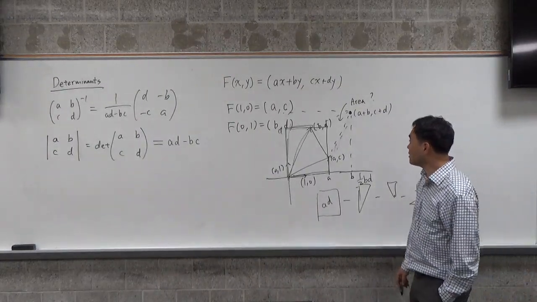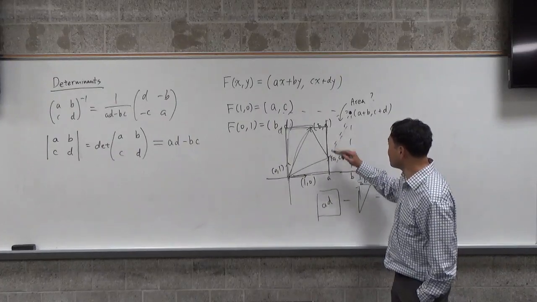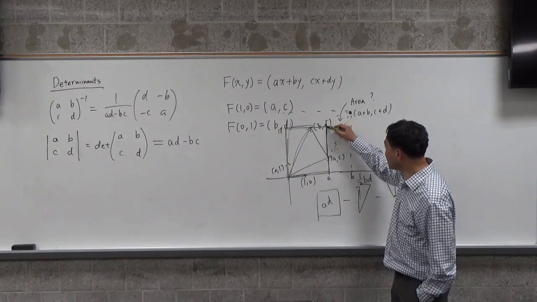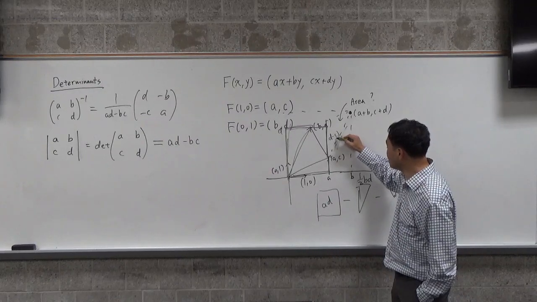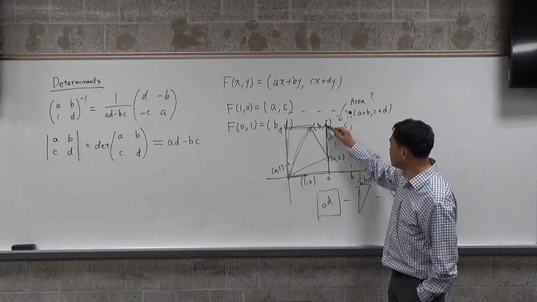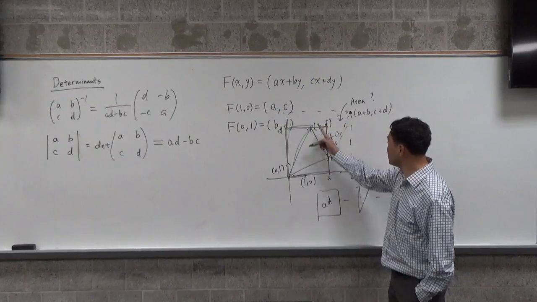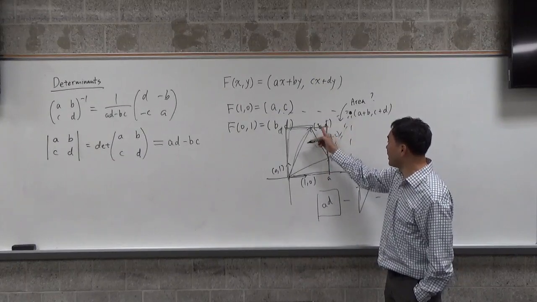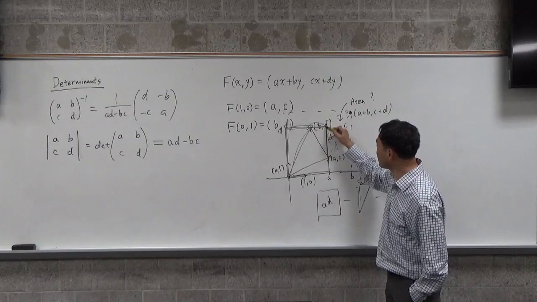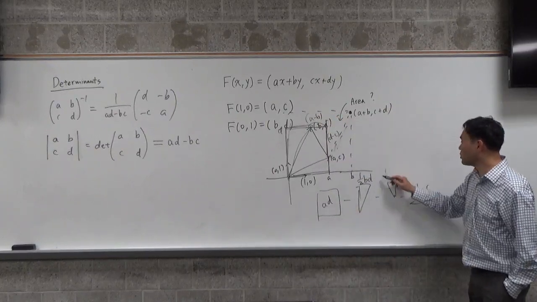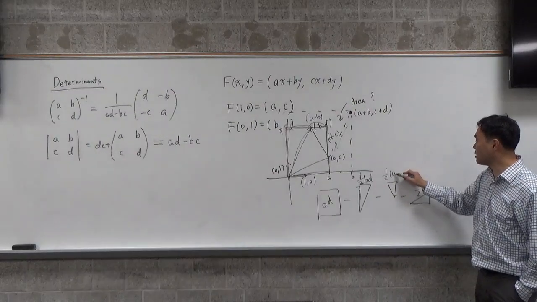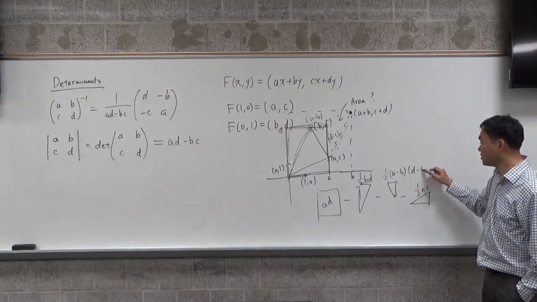And then this is a tricky one, but let's see. Because this length is D and that's C, this length will be D minus C. And this coordinate is A and this coordinate is B, so this length will be A minus B. So this one will be 1/2 of A minus B times D minus C.